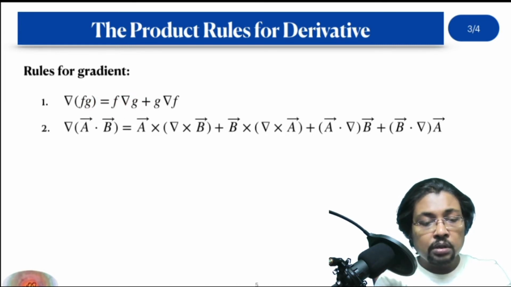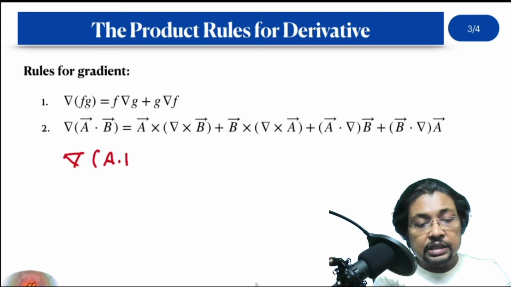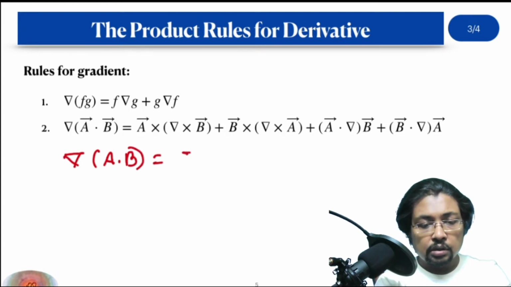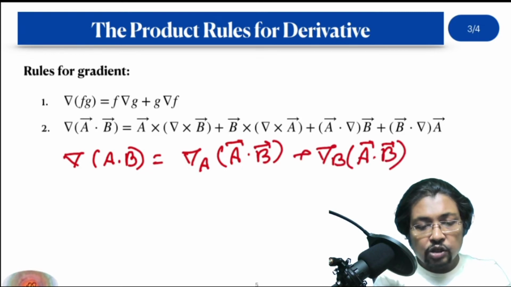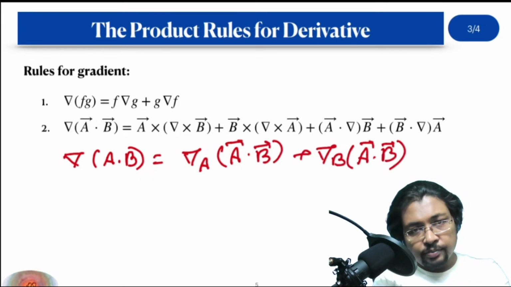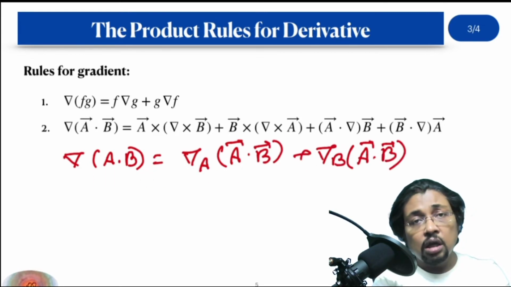Why? Because this gradient of A dot B is basically written as gradient A of A dot B plus gradient B of A dot B. The significance of this notation is that first of all, this is called the Feynman notation, subscript notation.